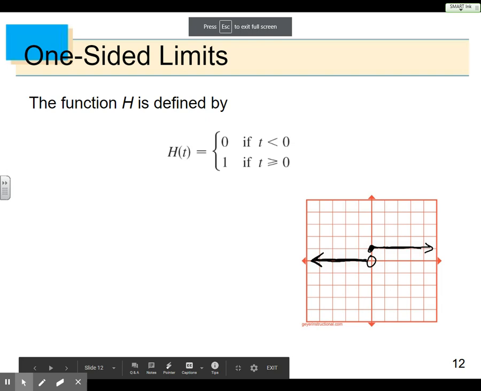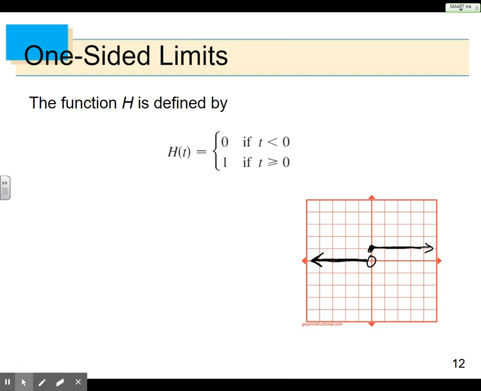So this is my function. And so two different things are happening I want to show you on this. First of all, here's my 0 right here. As t gets closer to 0 from the left, we say as t approaches 0 from the left, then the Heaviside function gets close to 0.